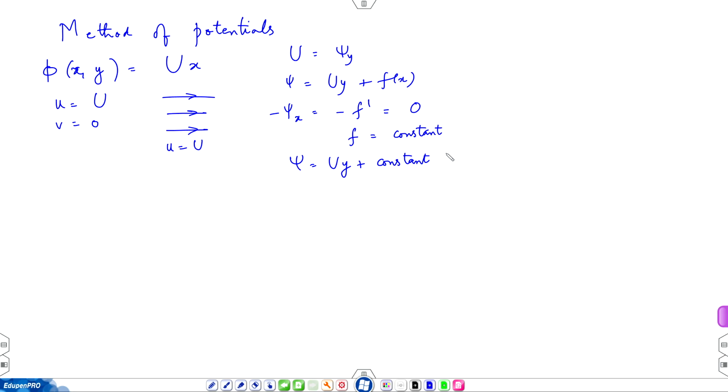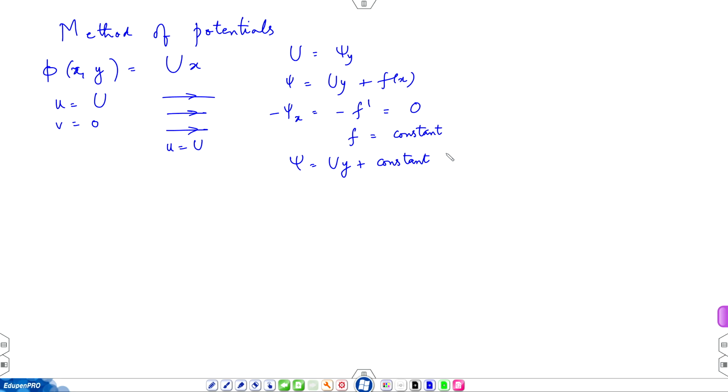So, here also you can fix the constant by saying that psi will be a zero streamline on y equal to 0. If you say y equal to 0, psi equal to 0. So, y equal to 0, the x axis, is the zero streamline. If you prescribe that, the constant of integration is also 0.